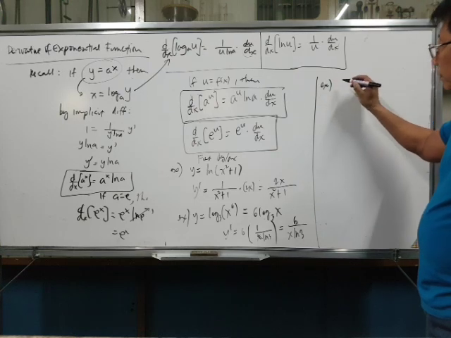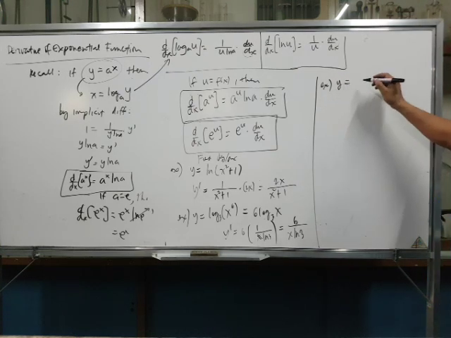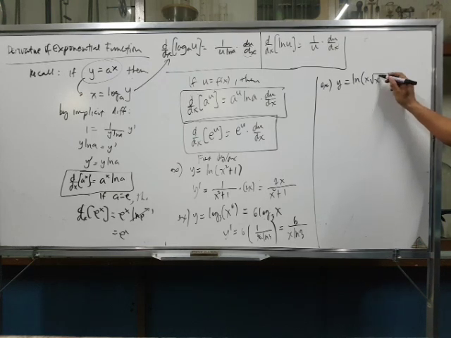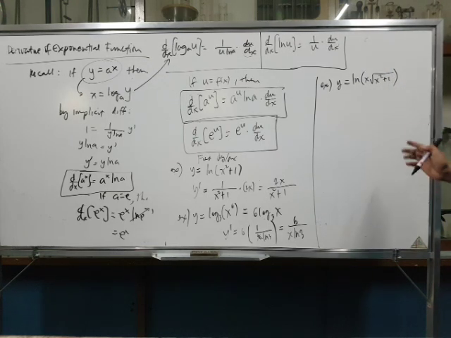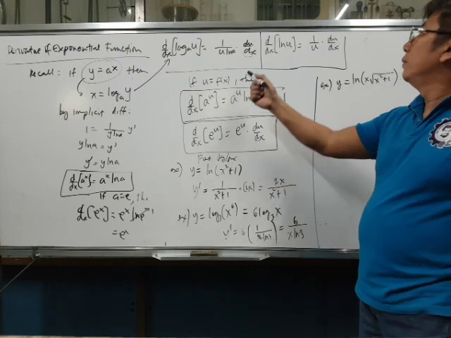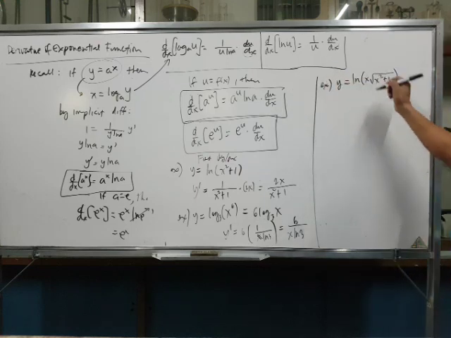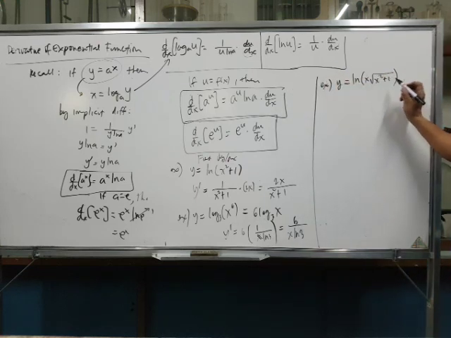Let's take another example. Suppose we have y equals ln of x times the square root of x squared plus 1. Of course, if you use the logarithmic formula, 1 over u, you end up with the derivative of a product.